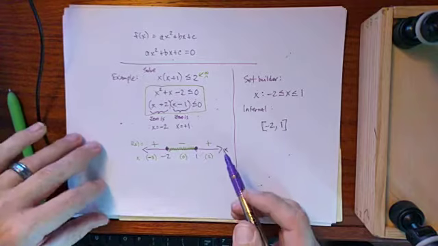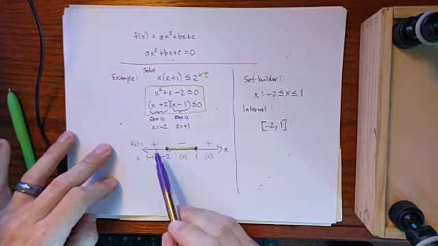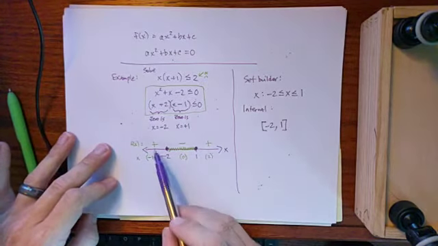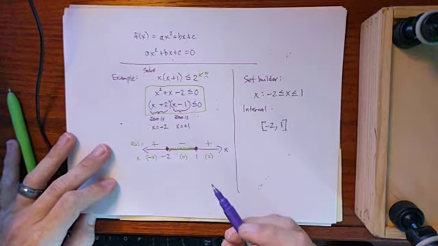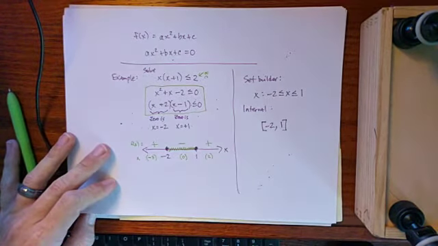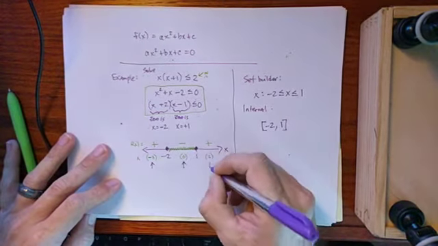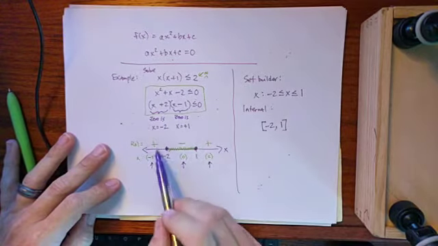But I can't emphasize this enough: test each and every interval. Don't assume that they're going to change plus to minus, or minus to plus, because they may or may not change. And there are rules for that. You can look these up online or in the book or in ALEKS if you want. But make sure you test numbers inside every interval and put them back in and see if you get a plus or a minus.